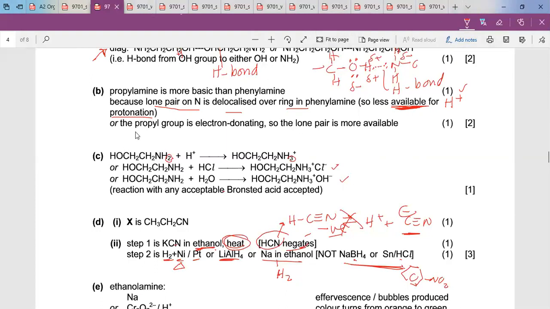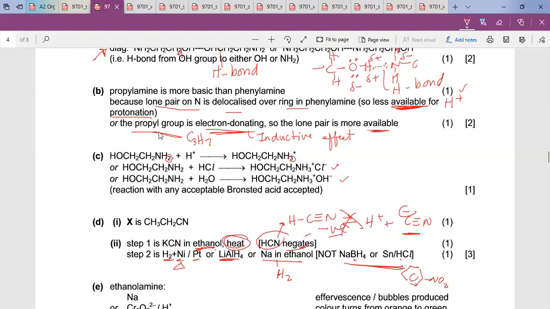Or the propyl group, which is your C3H7, it is electron donating. Why? Inductive effect. See now, so you can see here the lone pair is more available, is it not?